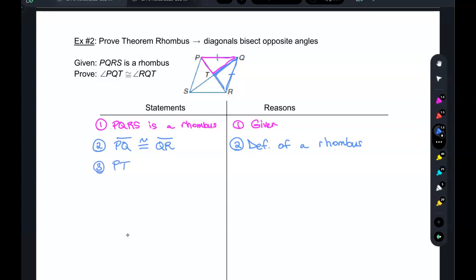So I'm going to say PT congruent to TR. Now I'm going to use the parallelogram symbol here because, again, a rhombus is a special kind of parallelogram. So a rhombus implies a parallelogram. Parallelogram implies diagonals bisect each other.